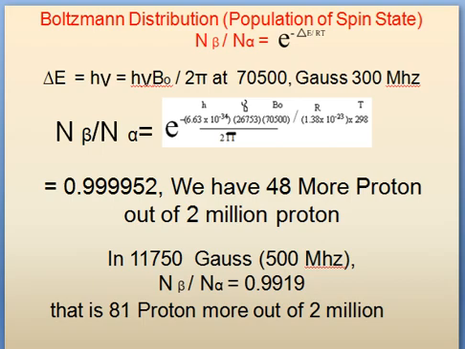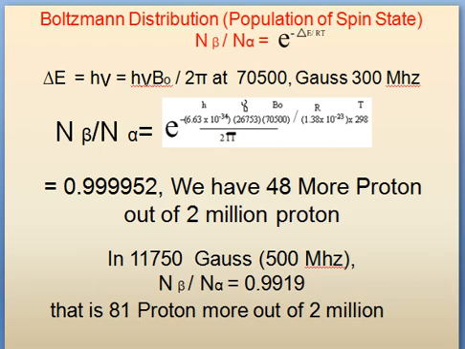The other factors are still there, that is n beta by n alpha equal to e to the power minus delta E by RT.